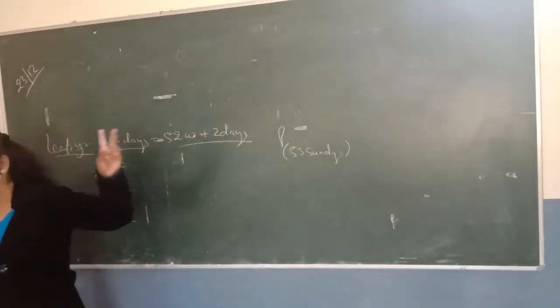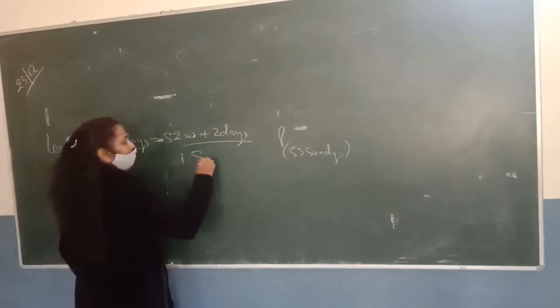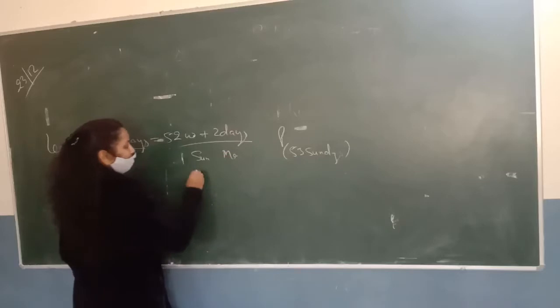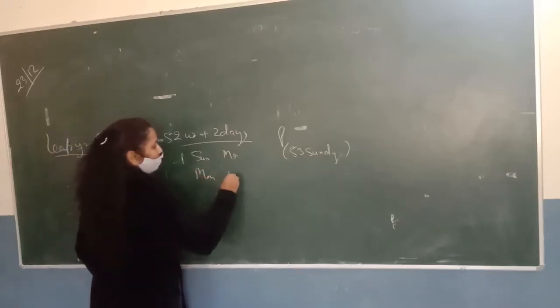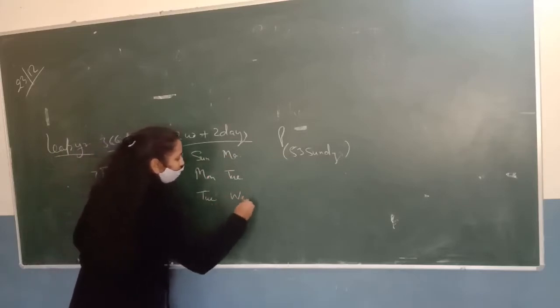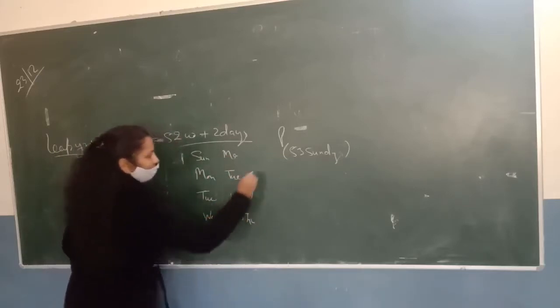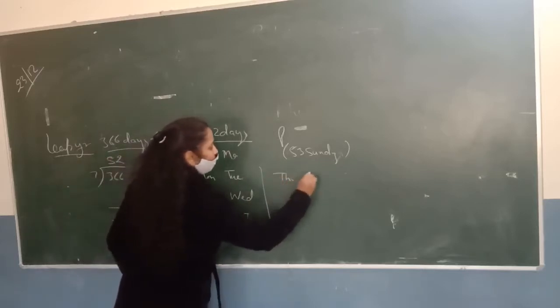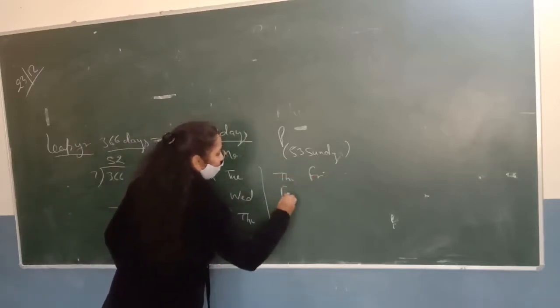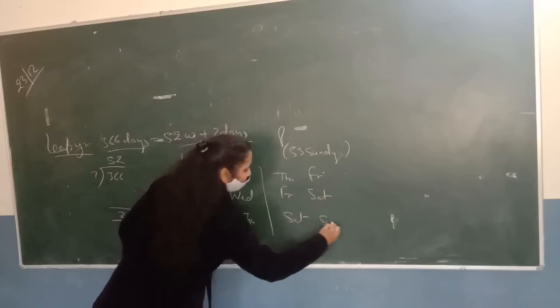The 2 days left after these 52 weeks can be Sunday with Monday, Monday with Tuesday, Tuesday with Wednesday, Wednesday with Thursday, Thursday with Friday, Friday with Saturday, or Saturday with Sunday.